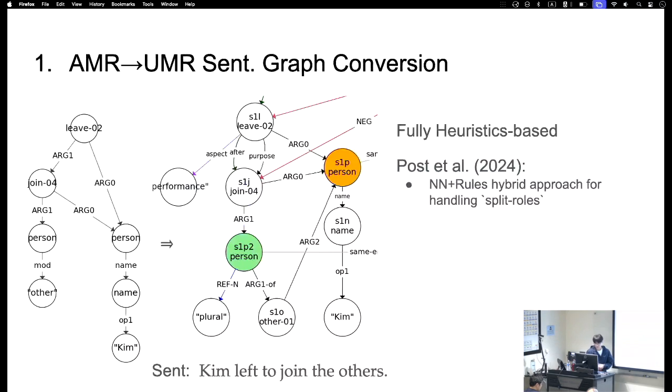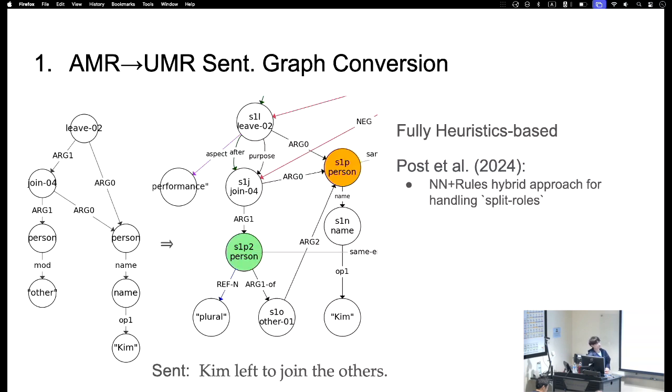So the AMR to UMR sentence conversion has been fully heuristics based, but there is work by Claire where she tried to use a hybrid approach of rule-based and training a neural network.